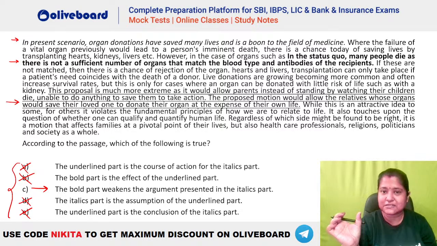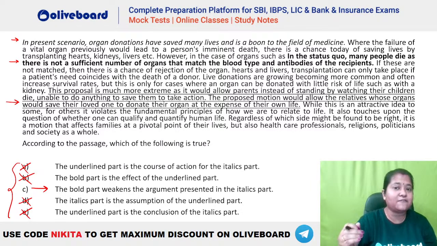Now, in this situation, we are saying that organ donation has saved a lot of lives. And in the bold part, we are saying that it is not matching, right? There is not a sufficient number of donors, and even if donors are there, the blood type and antibodies do not match. So if this is true, how will organ donation save lives? Right?